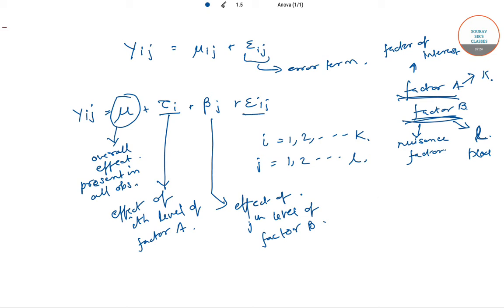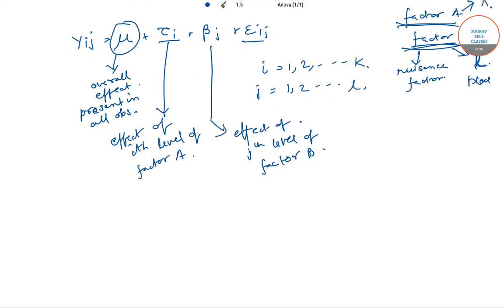Now here we assume that these epsilon ij's are independent and normally distributed with mean 0 and constant variance sigma square.